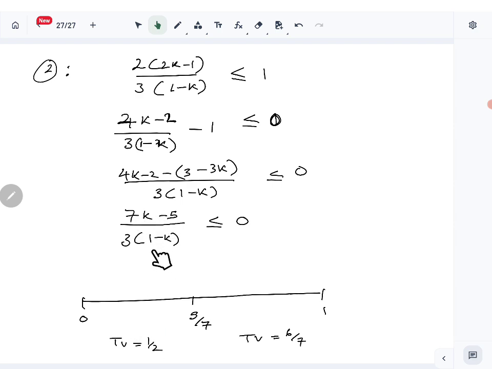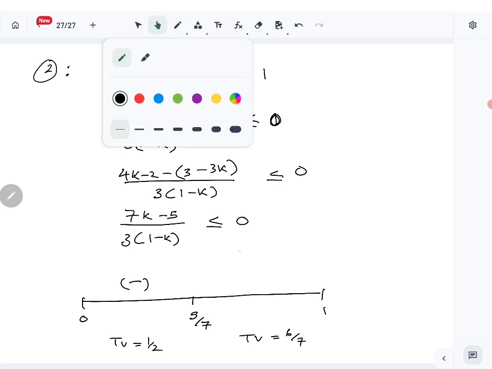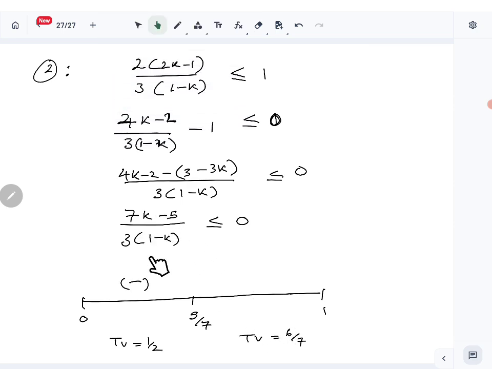Substitute half: negative over positive, negative. Substitute 6 over 7: positive over negative, so negative, or positive depending on the interval. So we want negative, so we want this interval. So the answer is k less than or equal to 5 over 7.